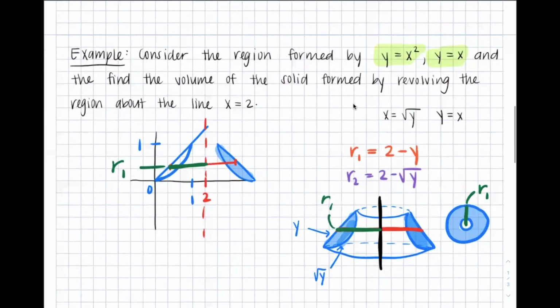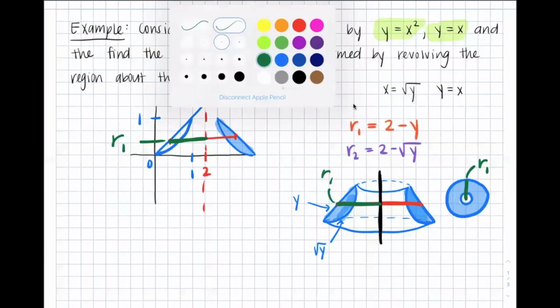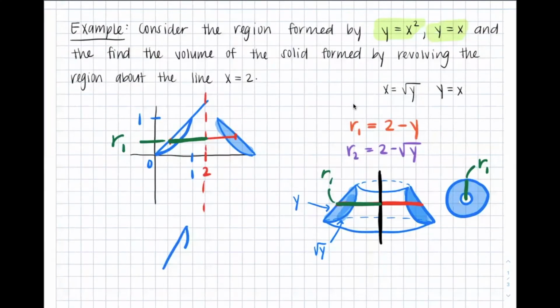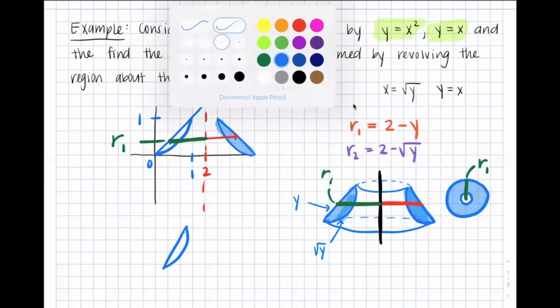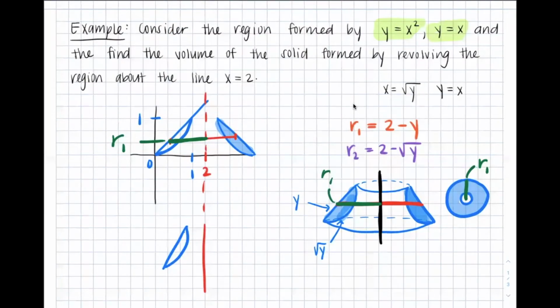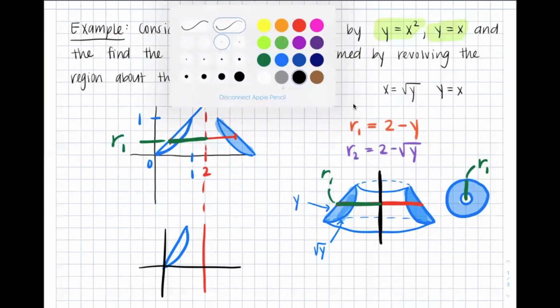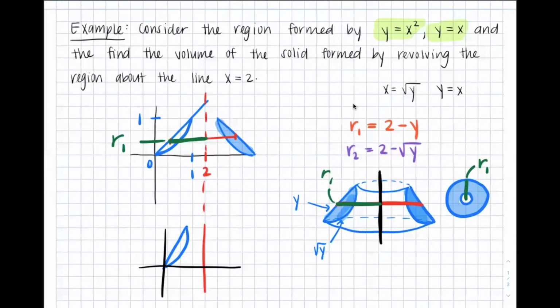So what I'm going to do is copy this down below so that we can just focus on R1. And so then here's the line y equals 2. Here's the x-axis. So it's something like that. Then this distance right here, we already talked about, that's 2, right?